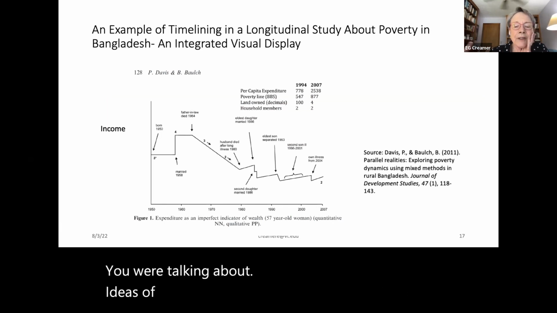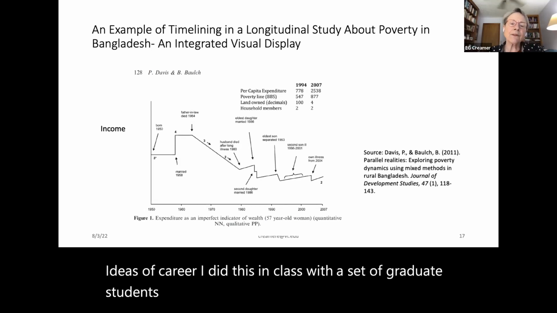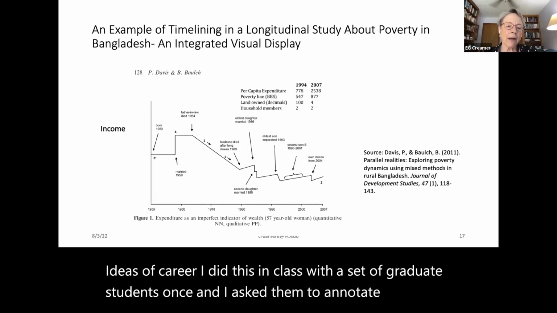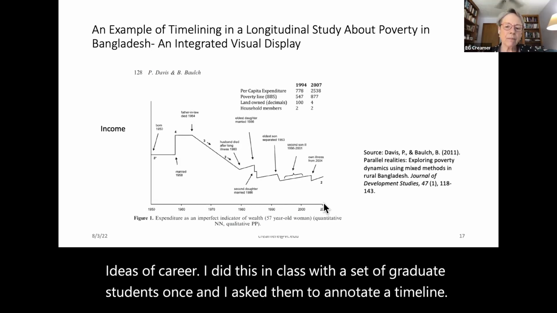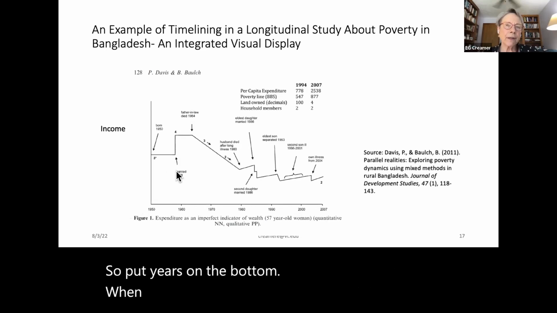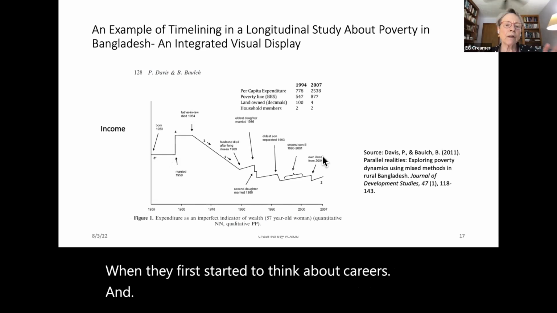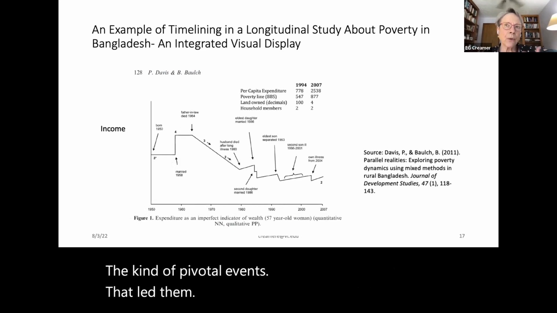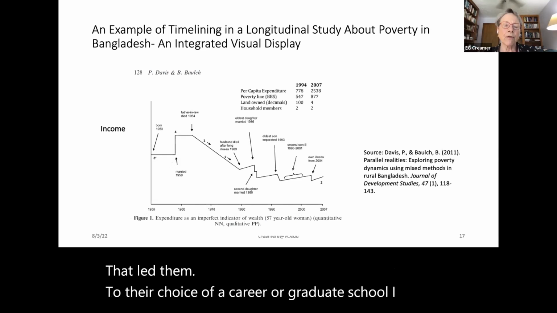I did this in class with a set of graduate students once, and I asked them to annotate a timeline. So put years on the bottom when they first started to think about careers and the kind of pivotal events that led them to their choice of a career or graduate school. I can't remember if I did career or graduate school.